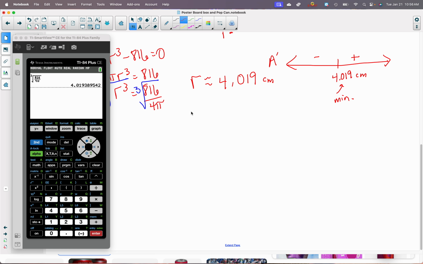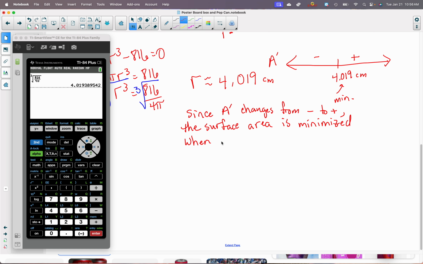So I could say, and I should have done this on the other one too, since A prime changes from negative to positive, the surface area is minimized when r equals 4.019 centimeters.